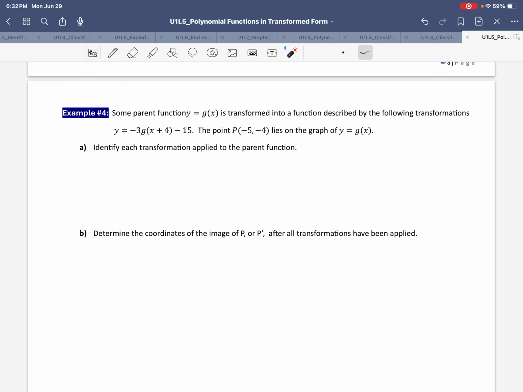So we have some parent function y equals g of x transformed into a function described by the following transformations. So this is a transformed equation. Now the point -5, 4 is on the graph of g of x. We need to find the coordinates of the image point.